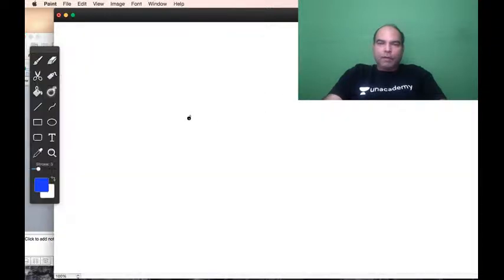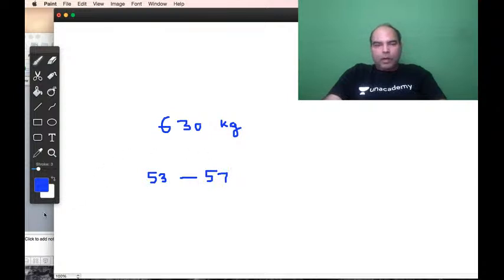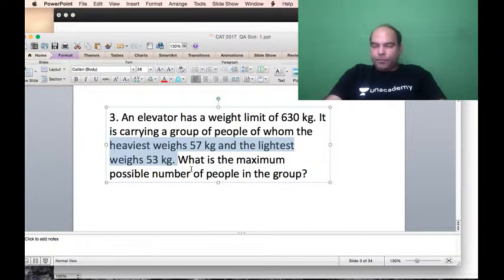So the elevator's weight carrying capacity is 630 kgs, and it is carrying a group of people whose lightest weight is 53 kgs and the heaviest weight is 57 kgs. Right? That is the situation. Then the question asks you, what is the minimum possible number of people in the group?